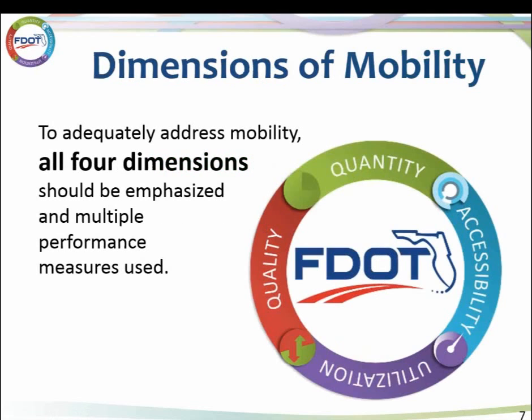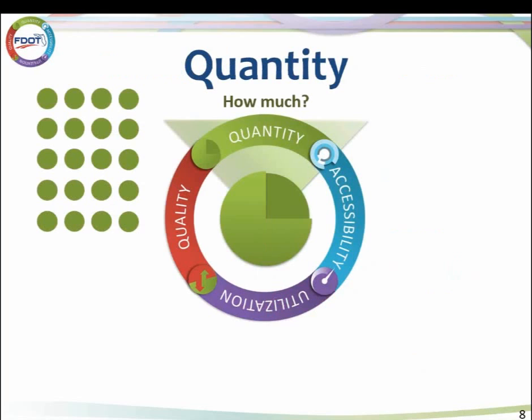There are 4 dimensions of mobility: quality, quantity, accessibility, and utilization. The quantity side deals with how many people are being moved, how many vehicles, how many bicyclists are on the roadway, etc., and tonnage maybe as well on the freight side.